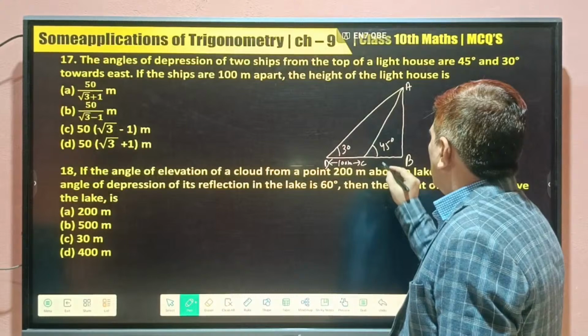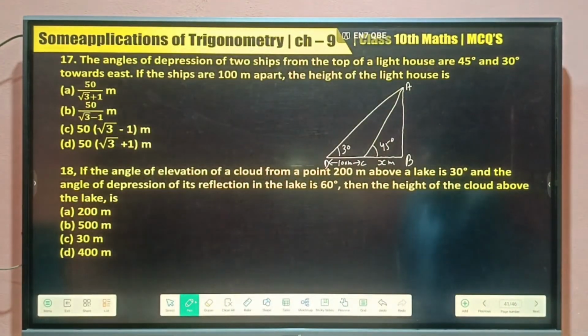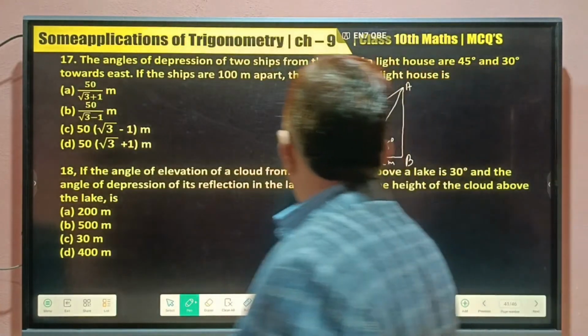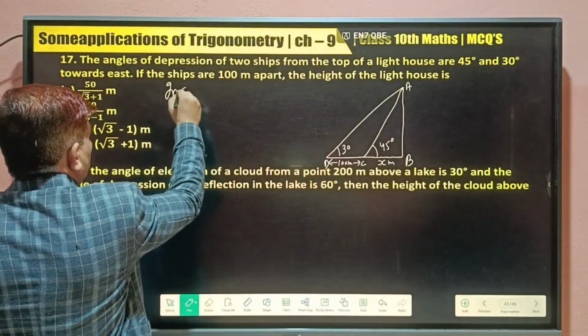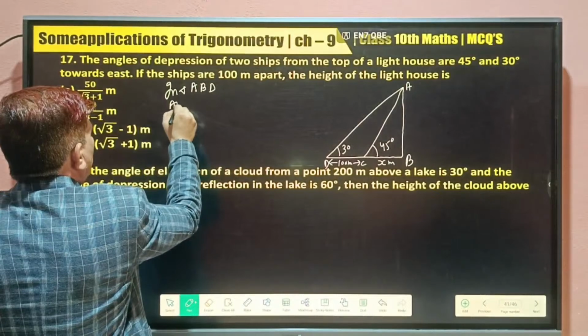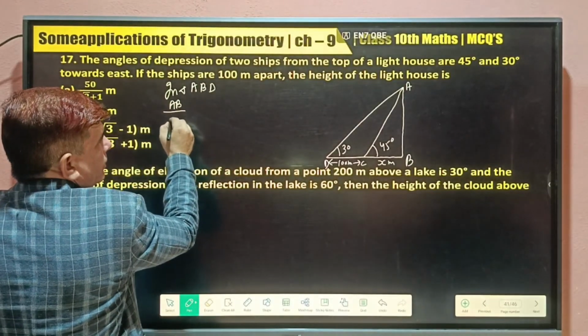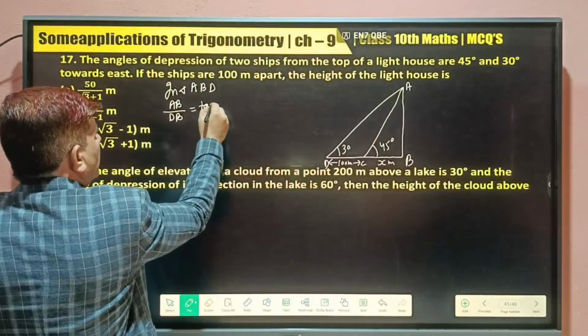100 meters. What is this? This we can say x meter. Find the height of the lighthouse. So first, in triangle ABD, AB by DB is equal to tangent 30.